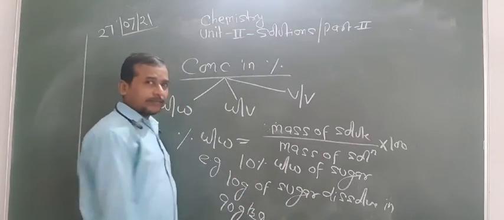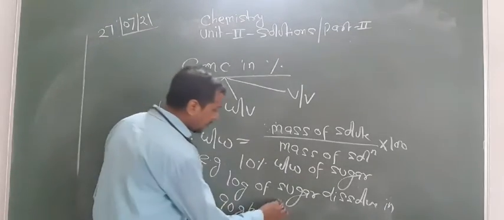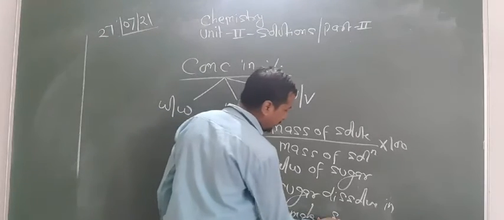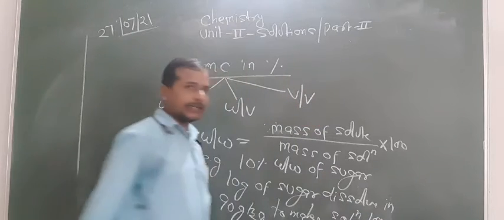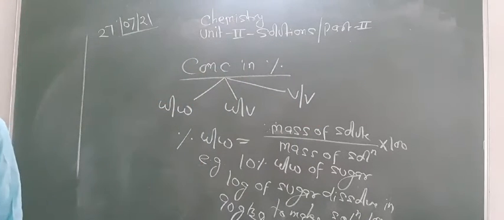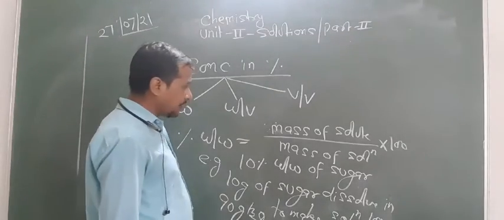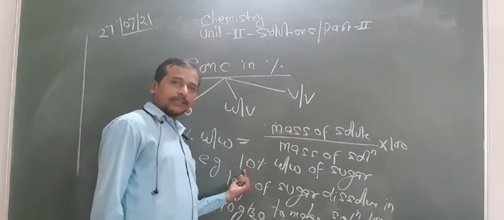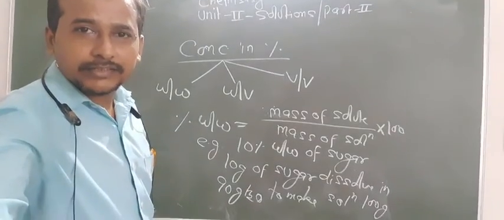Here 10 gram is the mass of solute and 90 gram is the mass of solvent, to make 100 gram of solution. By this way you can calculate the percentage weight by weight. So the basic requirement is that you have to know what 10% weight by weight means.